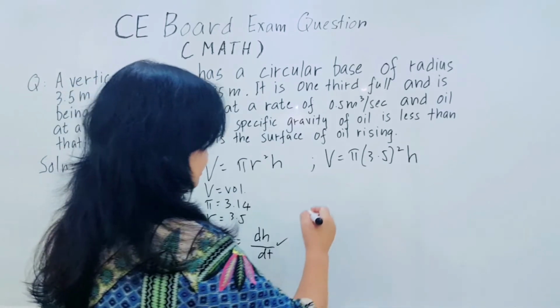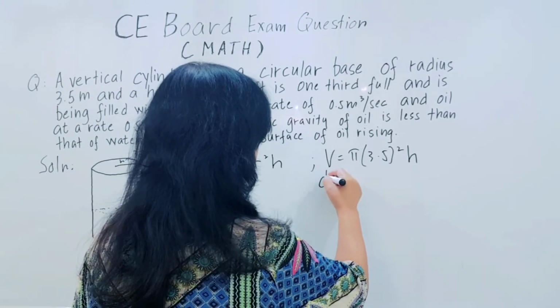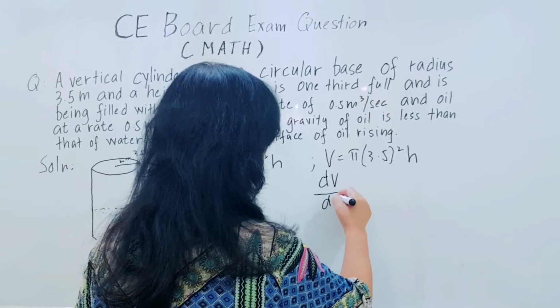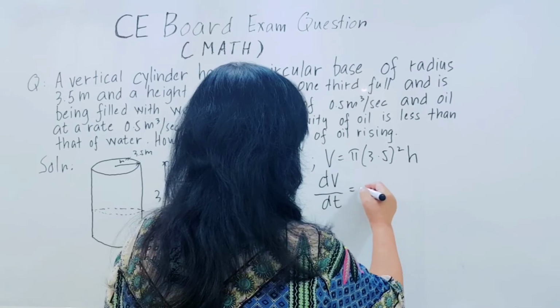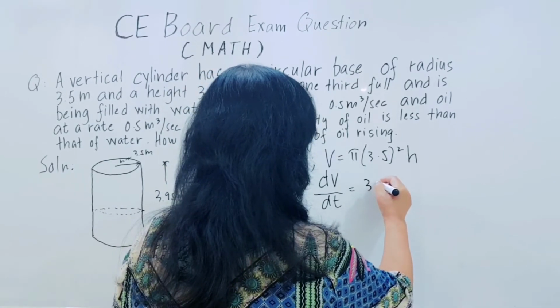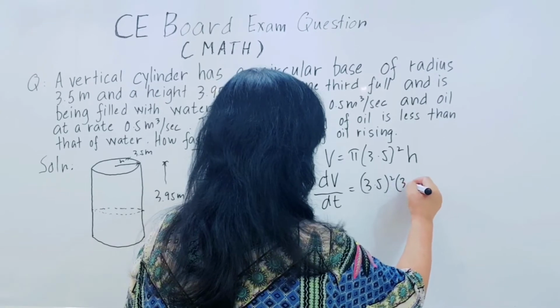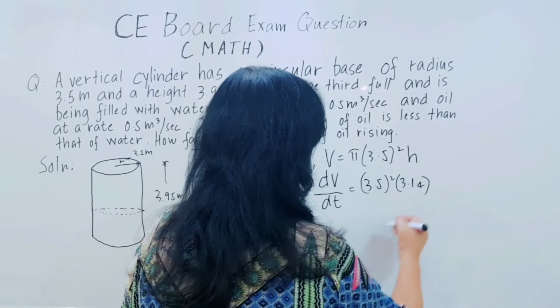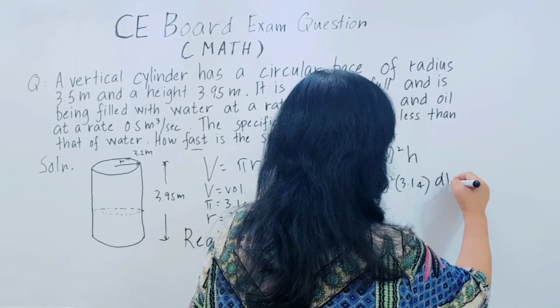Now, if we take the rate of change of the volume with respect to the time, or the derivative of V, this is equal to 3.5 squared times pi, which is 3.14, times the derivative of h with respect to time.